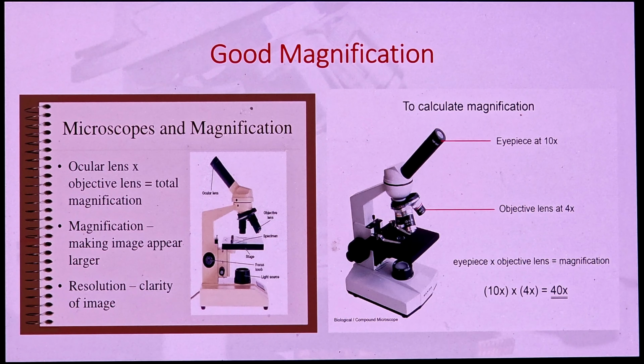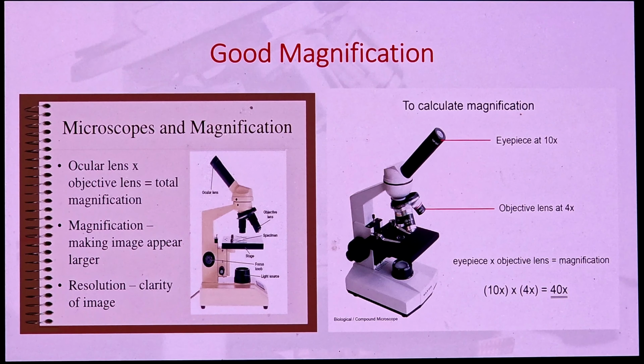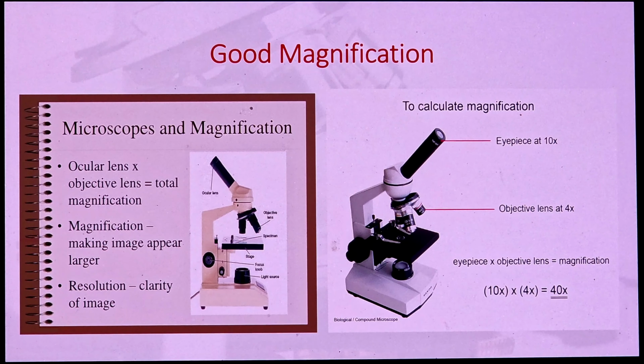So total magnification can be calculated as eyepiece lens times objective lens. Suppose we calculate the total magnification of the low power objective lens, in which the ocular lens is 10x and the low power objective lens is 10x. So total magnification will be 100x.